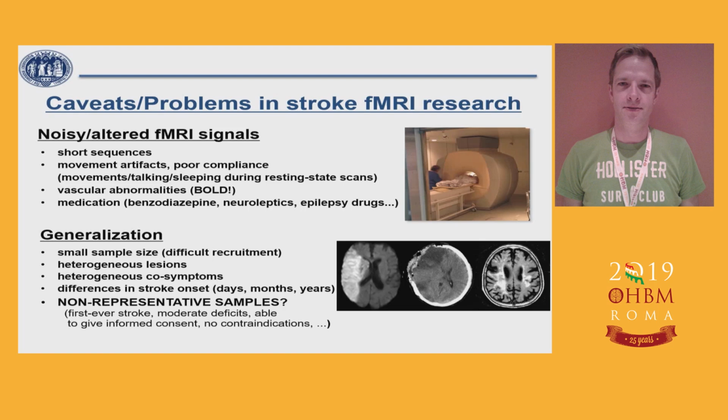Patients have changed extremely even in the past 10 or 15 years. They're getting older, they have many comorbidities, and patients, for example, like those I showed here with these kinds of lesions, are usually not included in studies because they're in a coma, they're not even able to give informed consent, and we do not have any idea of how reorganization takes place in these patients, although these patients are the ones who would have the strongest need for good rehabilitation.